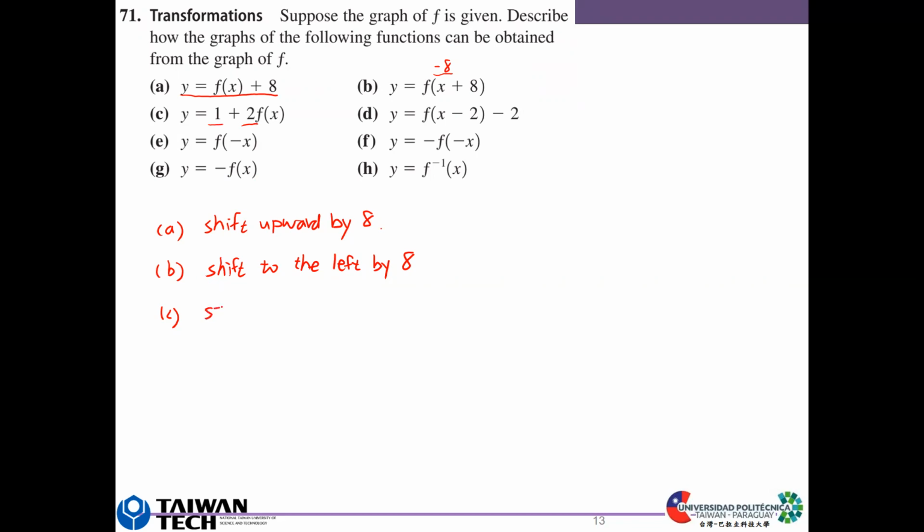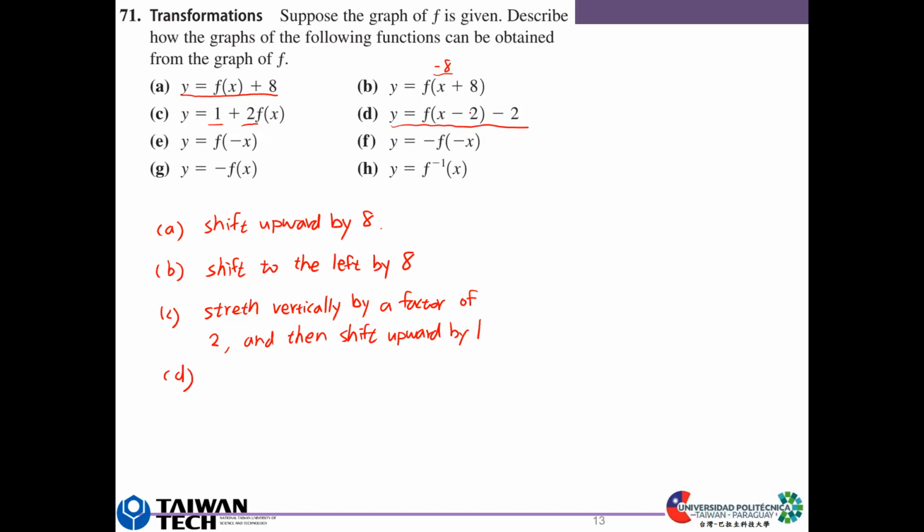So you can say it's stretched vertically by a factor of 2, and then shifted upward by 1.